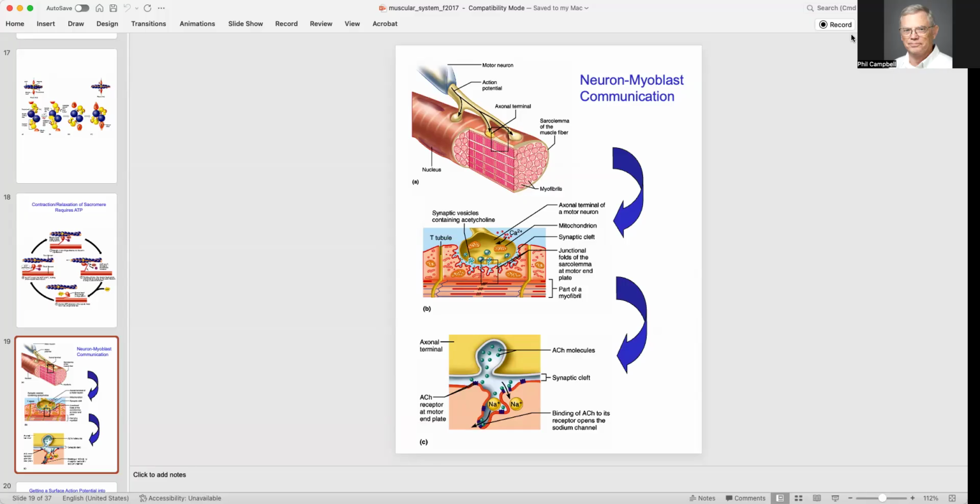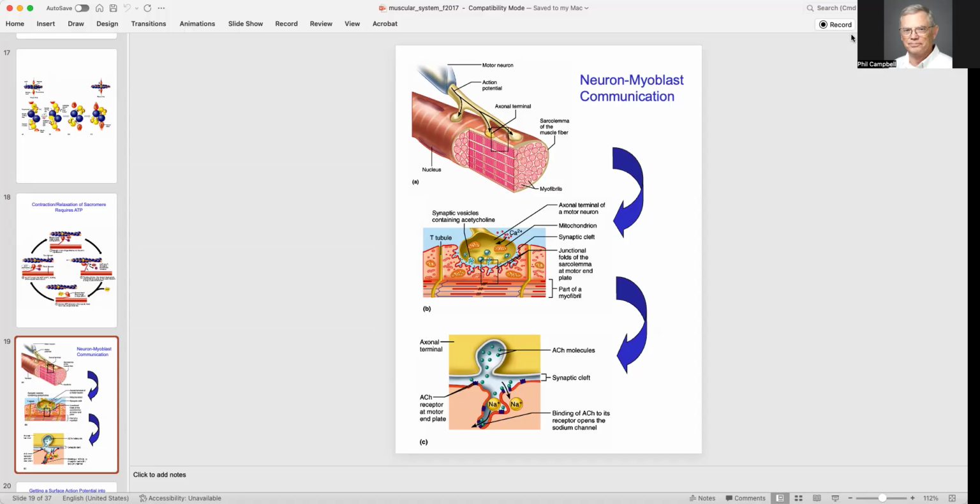When we're talking about muscle cells, that's different because we have to stimulate all of the sarcomeres. Where are the sarcomeres? Deep inside the cell. So we have to get an electrical signal, which is restricted to the surface of a cell, deep into the cell. How do we do that?